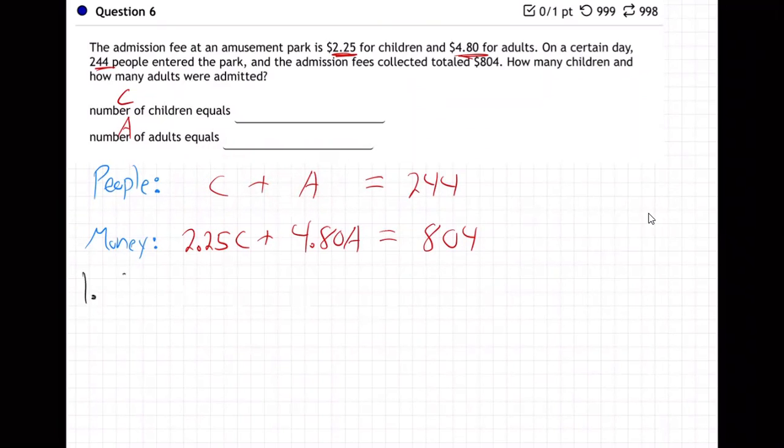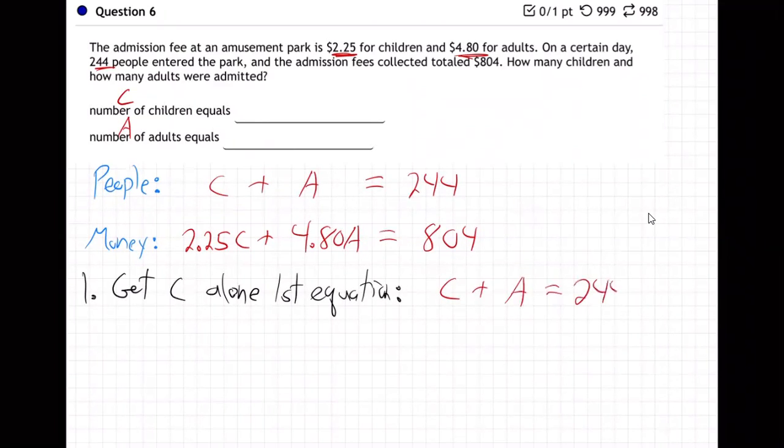So step one, get C alone in the first equation. I'm going to take the first equation, C plus A is 244, and subtract the A from both sides.